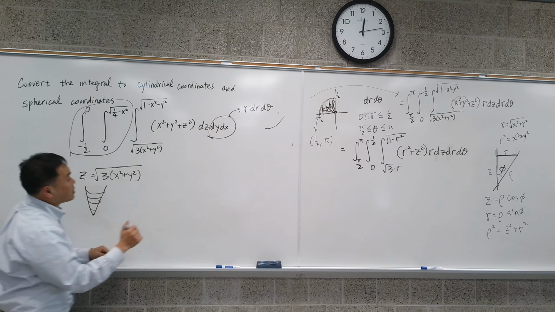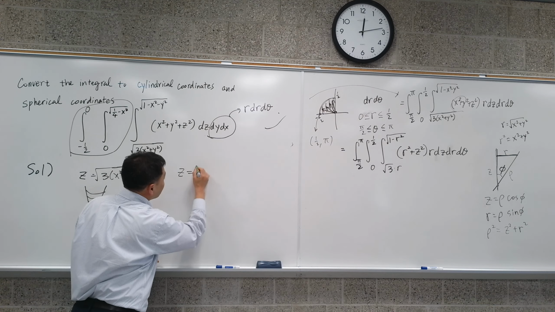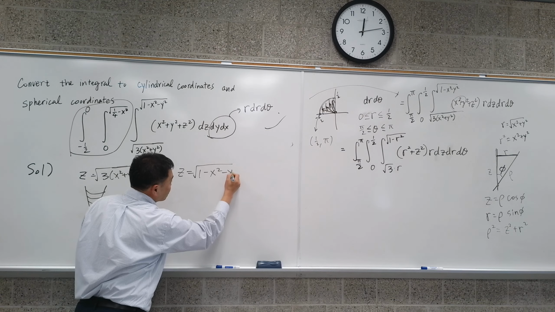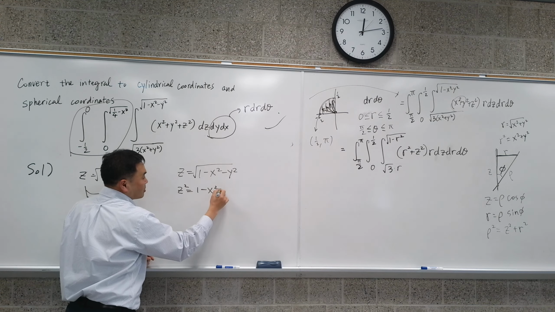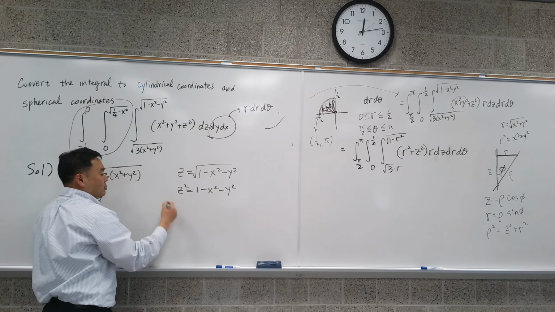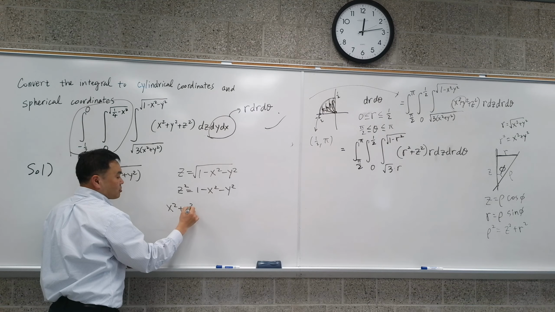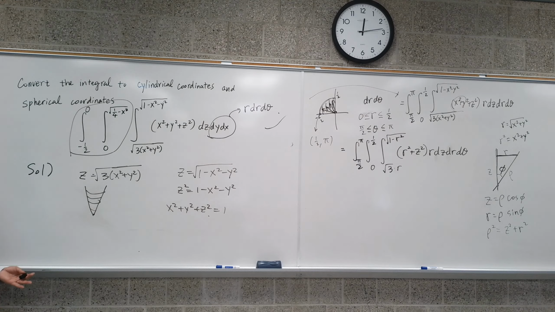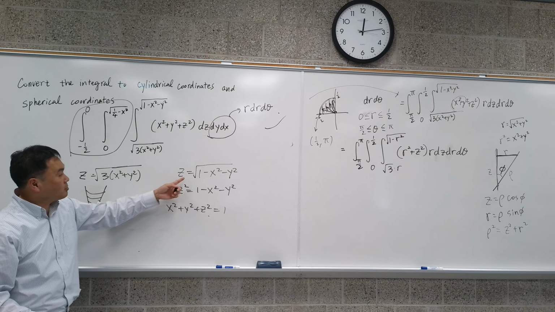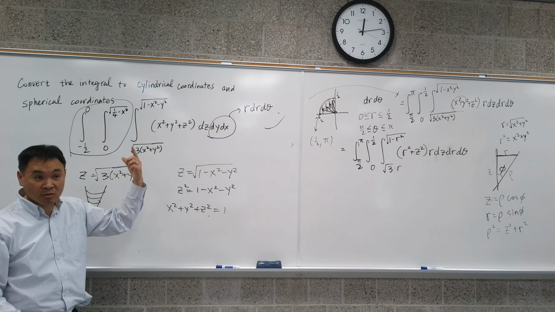And then what about z equals the square root of 1 minus x squared minus y squared? For this one, you can square both sides and then move x squared and y squared to the left, so you get x squared plus y squared plus z squared equals 1. What's that? A sphere. And because z is a square root, it only gives you the top half of the sphere.